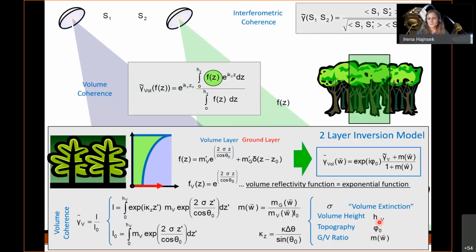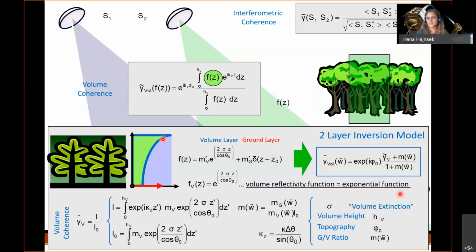Okay, let us now consider a fixed contribution. The other one was a very general case of f of z. Now we would like to specify f of z, because f of z, as we know already, is very important in order to understand how we can estimate height. In this case, we have defined f of z in terms of an exponential function.